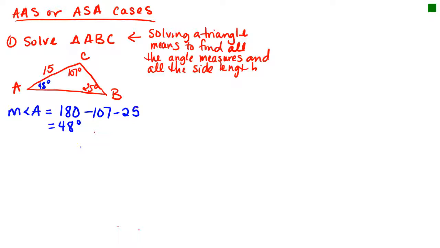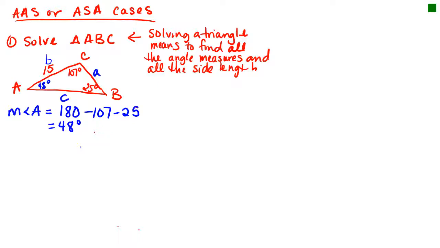All right, so first I'm going to find side A, and then we're going to call this side C. Side A is opposite angle A, side C is opposite angle C, and side B is opposite angle B. So I'm going to find A first.